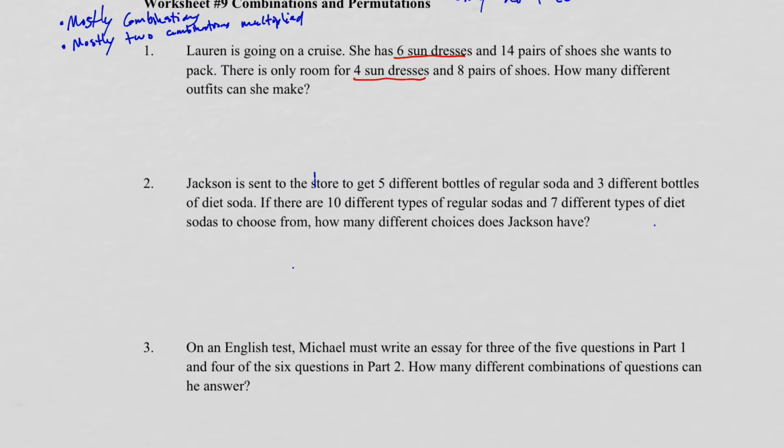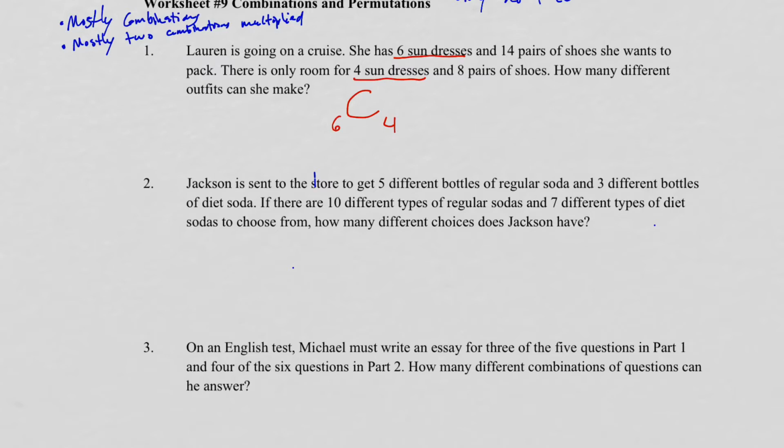What is the number? Okay, right now we're really not concerned with the number. We're concerned with how do you set it up. So to pick 4 dresses out of 6, that is a combination. Okay, the order doesn't matter.